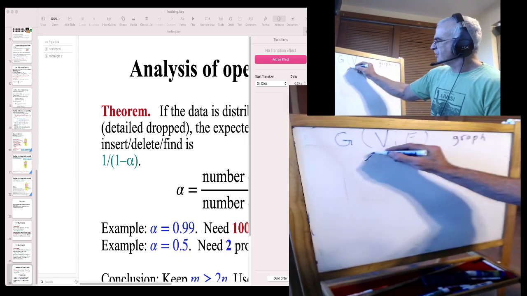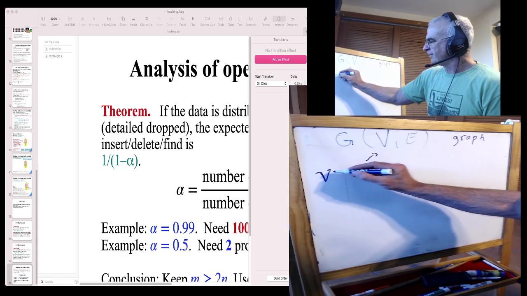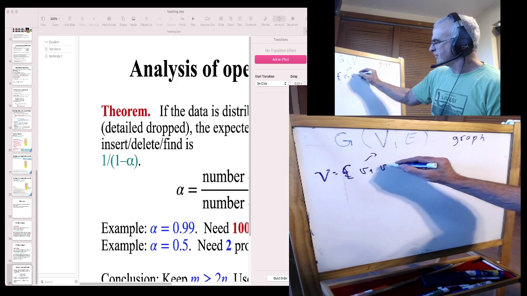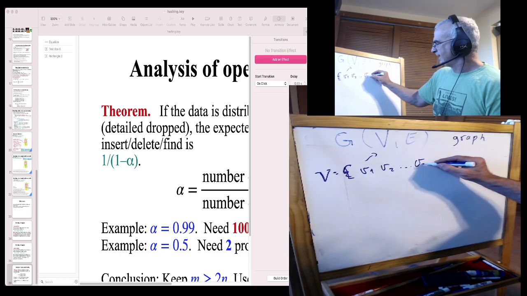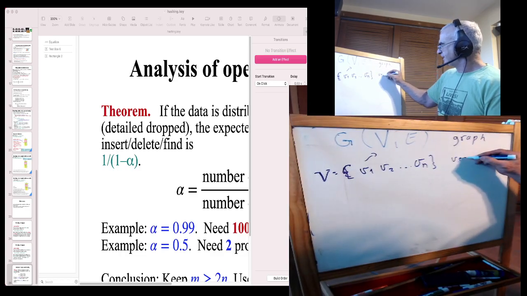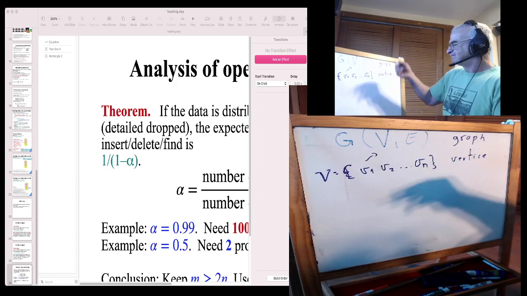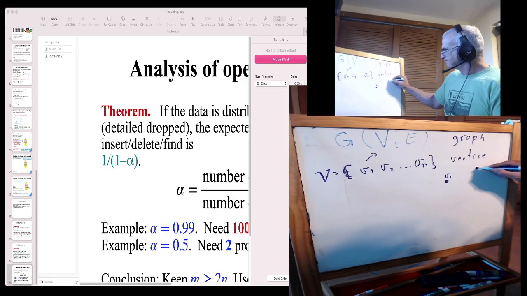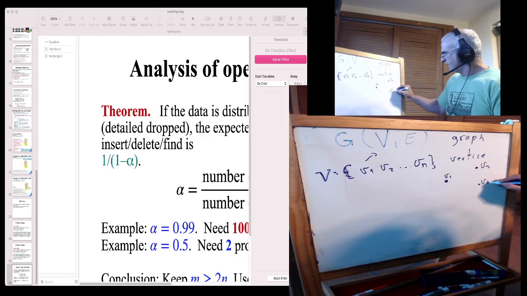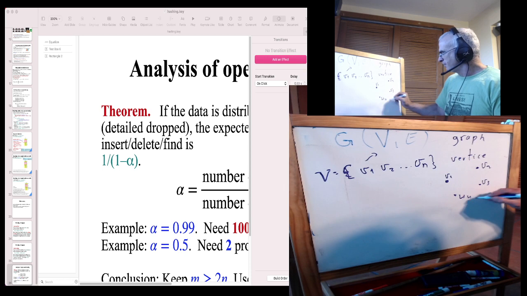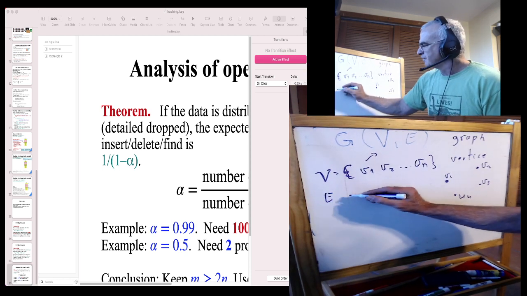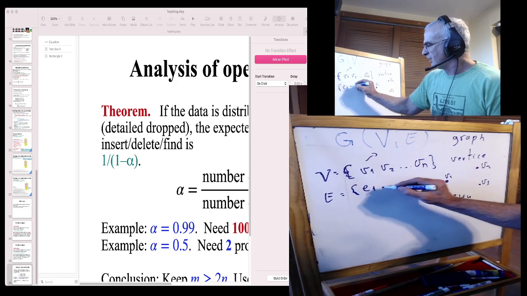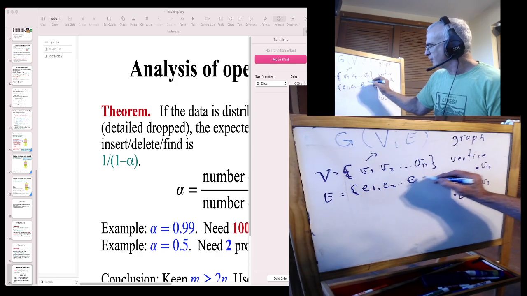It consists of a set V, which is the set V1, V2, dot, dot, dot, Vn of vertices, say, Facebook users, here they are, V1, V2, V3, V4, and E, which is a set E1, E2, all the way up to Em.